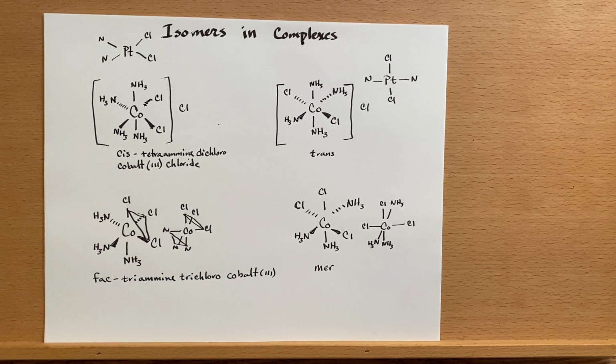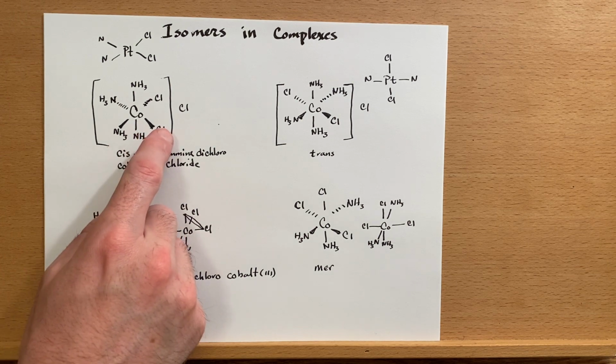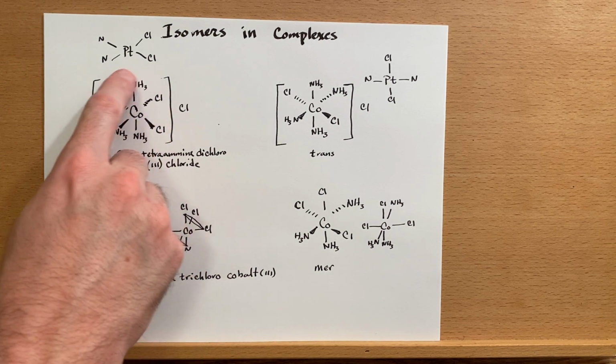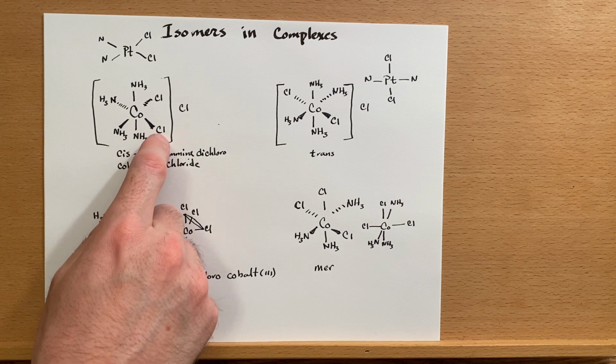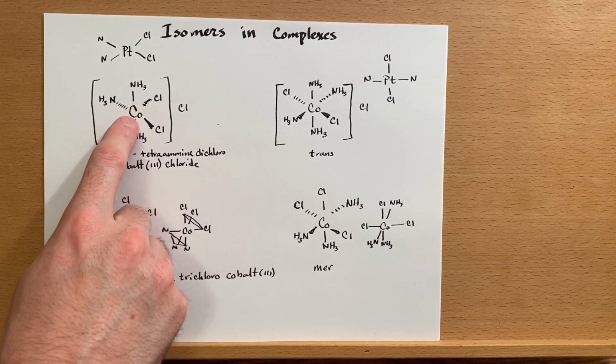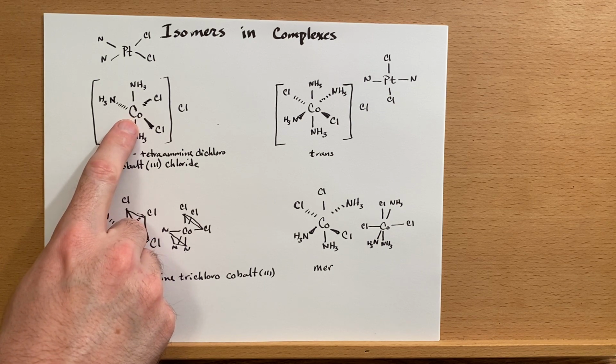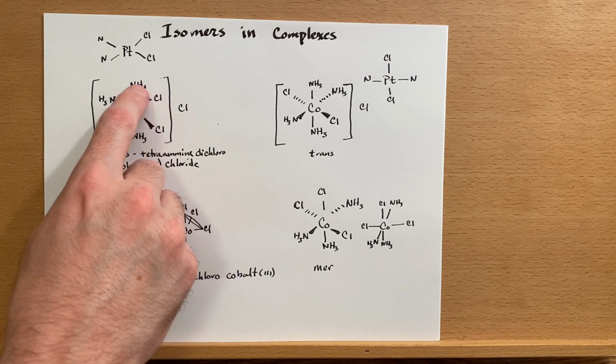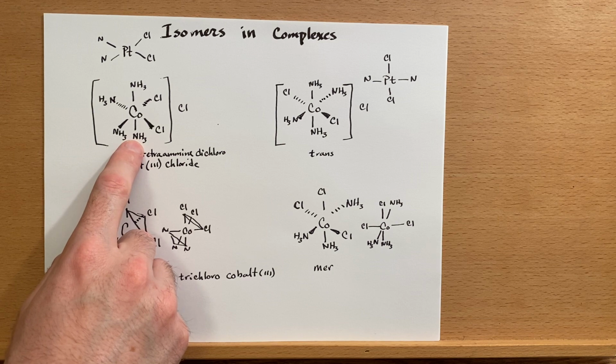Now, it is also possible for us to have even more isomers than this in an octahedral geometry. If, for example, instead of having all or largely similar ligands around a central metal, what if we had 6 different ligands around this metal?